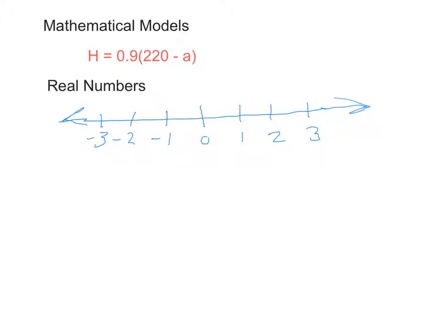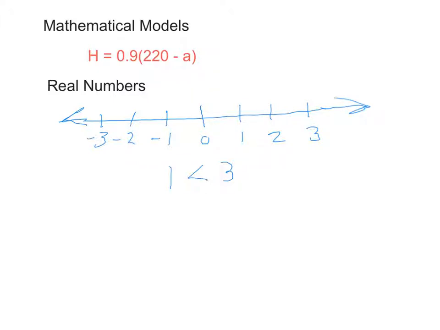Now, one thing you'll notice is, as you're going to the right, the numbers increase. As you're going to the left, the numbers decrease. For example, 1 is less than 3. And notice the symbol that I use to represent less than. So 1 is less than 3.